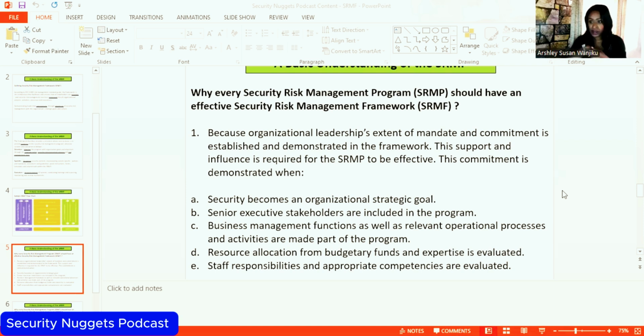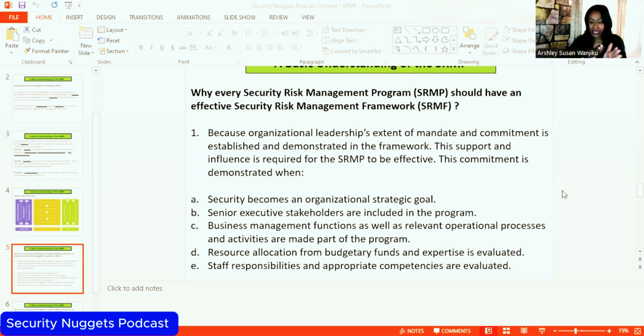Depending on the financial position of the organization, you might be told, this is a budget, so what do you think needs to be prioritized? And then the next system can be implemented and executed in the next financial year. So it's done in phases, okay? But one thing is for sure, there has to be a budget that is going to be allocated.